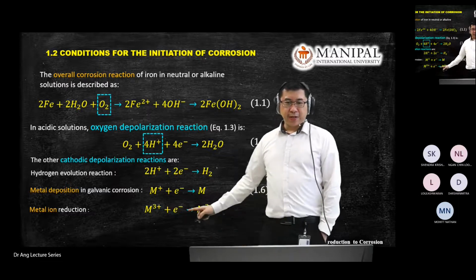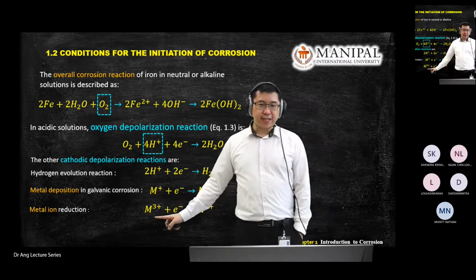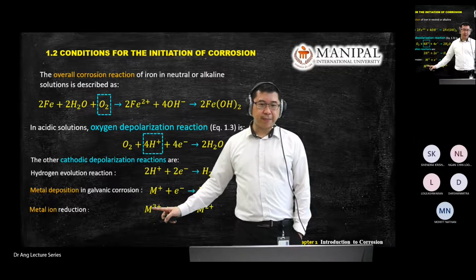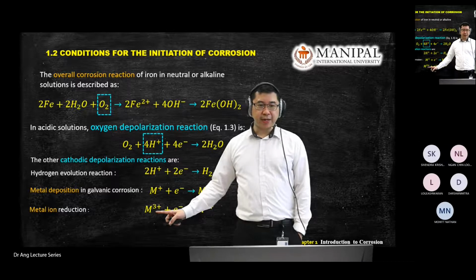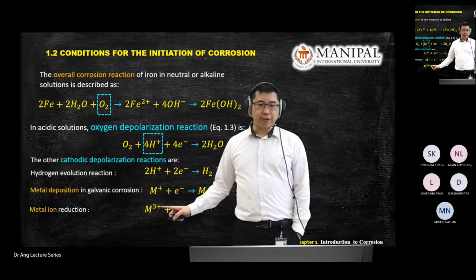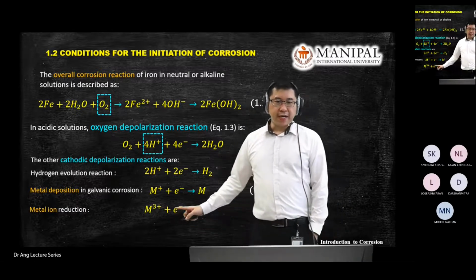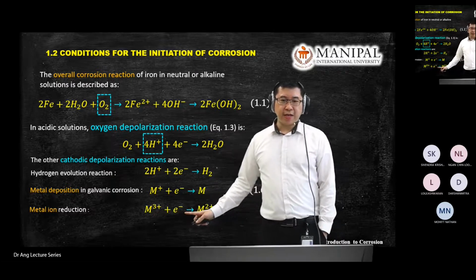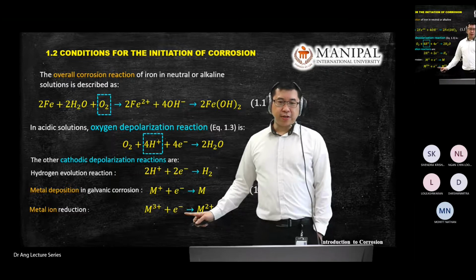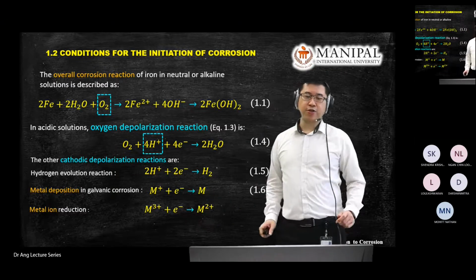This is a general equation. You can replace M with any metal element with 3 positive charges. The positive ion receives electrons. Plus is receive, not throw away, sorry.